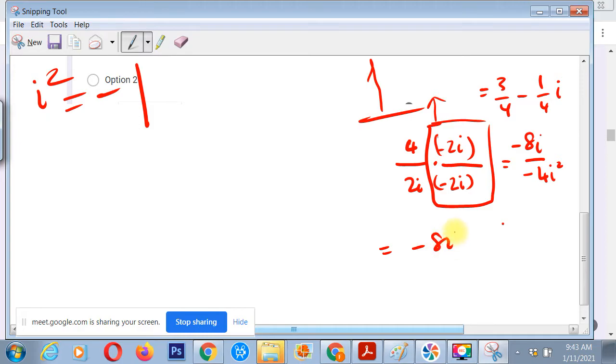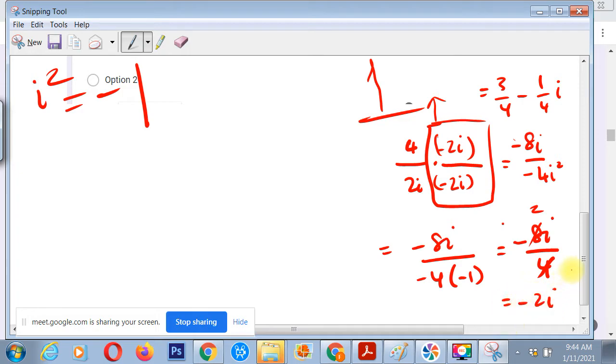So negative 8i over negative 4 times negative 1. Actually there is no square here, I was careless just now. There is no square because we remove all this. We use everything inside here. So we will get negative 8i over 4, so we get 2, equals negative 2i.